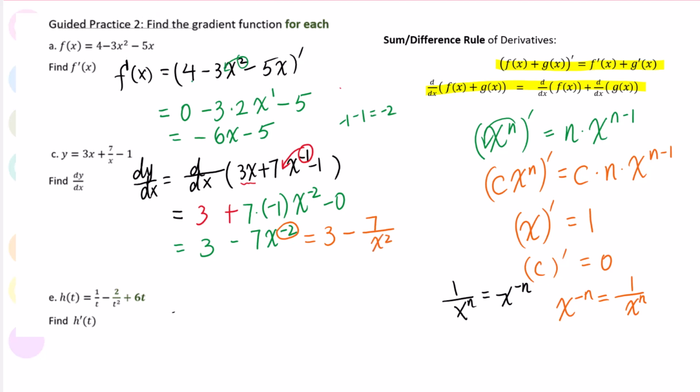Let's go to E. We are looking for h prime of t equals... You need to change these two into single power.